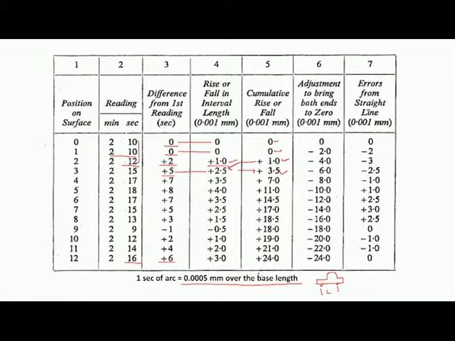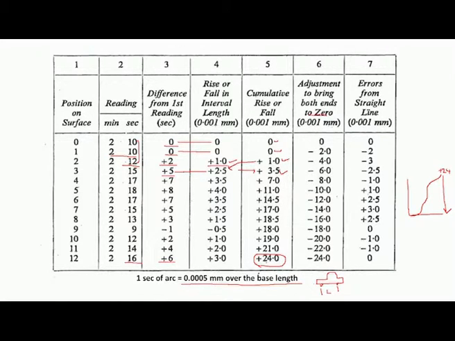Now, you can see in the last position the reading is plus 24 micrometers, so we should bring this to 0. The cumulative value is like this; at the last point it is 24 micrometer. In order to bring this down to 0, we have to add minus 24 to this, an adjustment to bring both ends to 0.